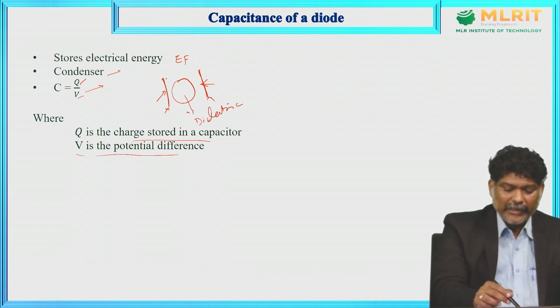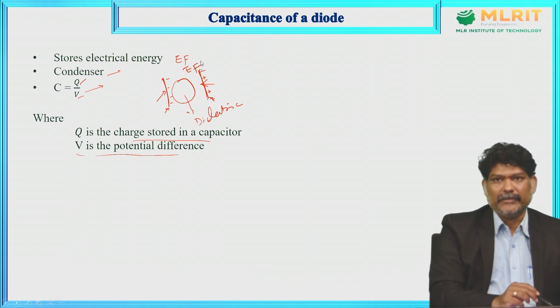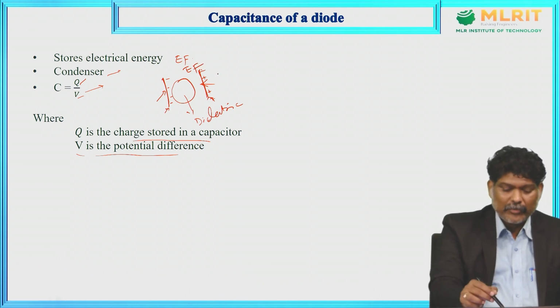It opposes the flow, but an electric field will be developed at these two plates. This kind of capability of a material is called capacitance.